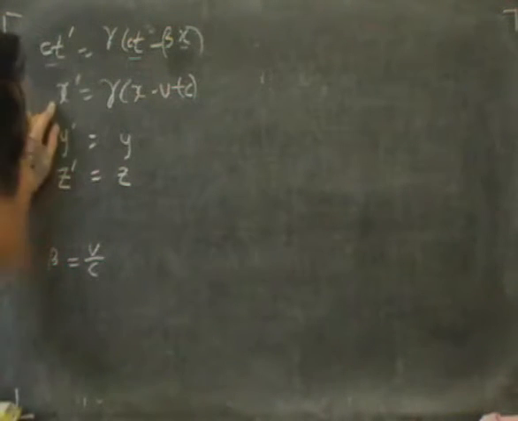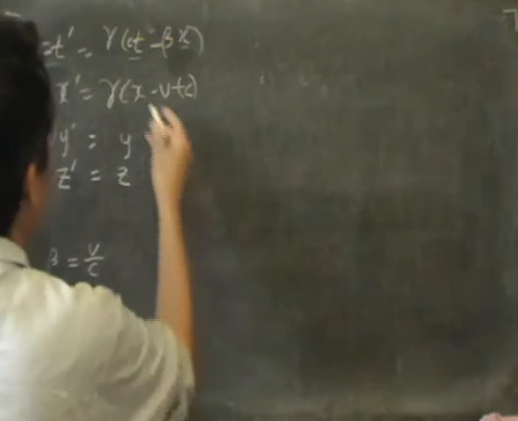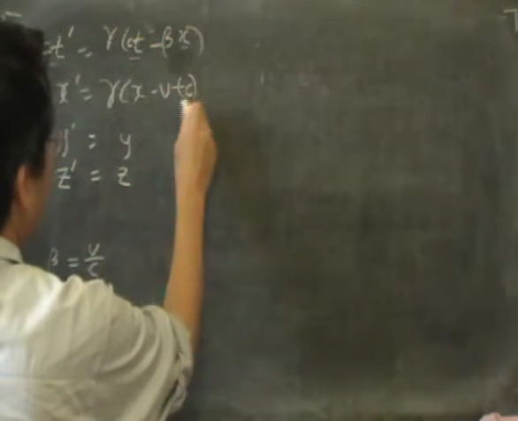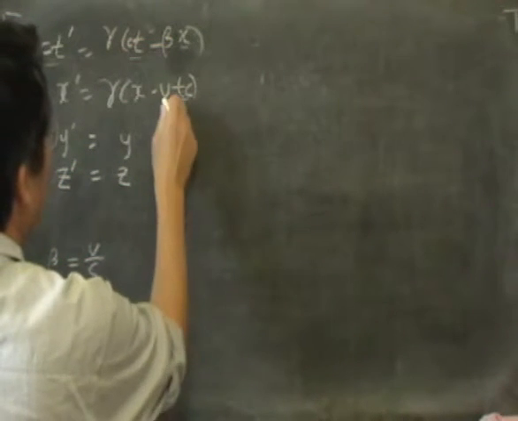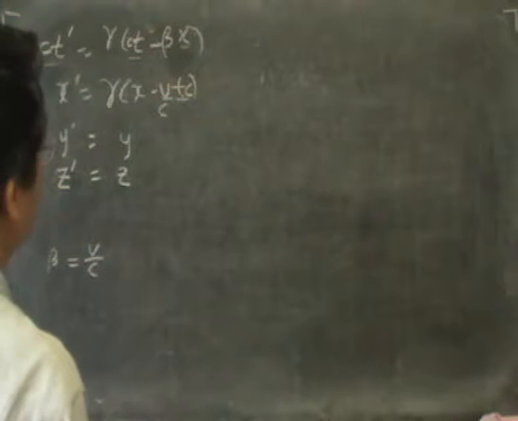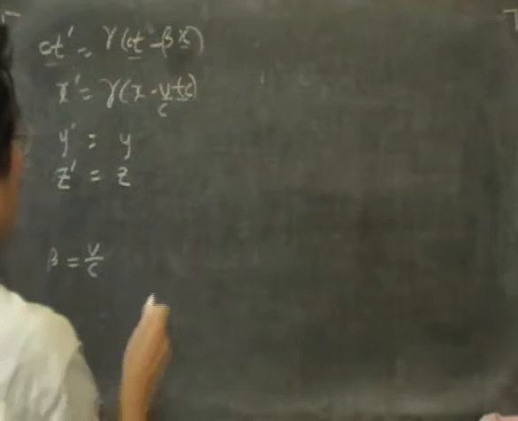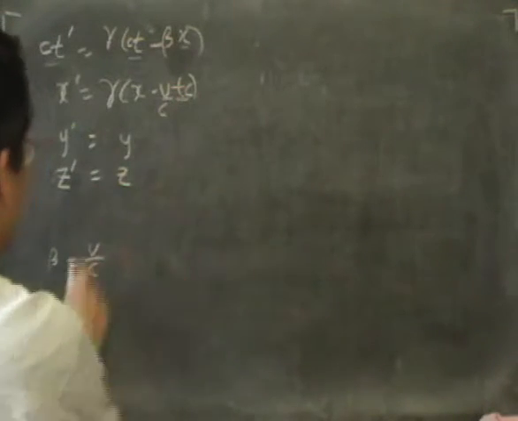Both would be in, say, meters. So instead of t, I'm going to talk about ct, and then I have to divide that by c to make sure that I've not changed the equation. And if I do that, then v over c is beta.